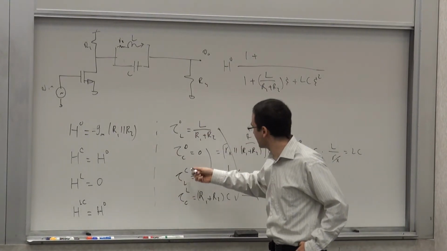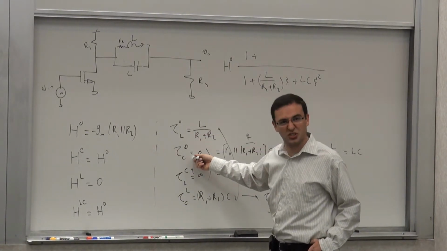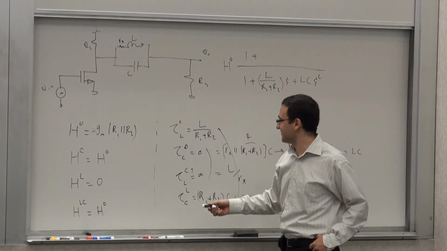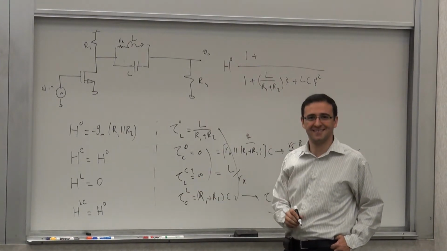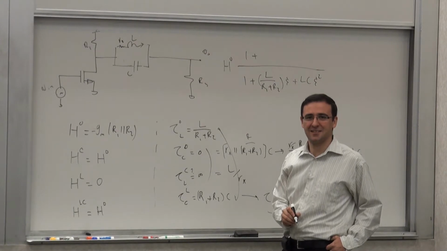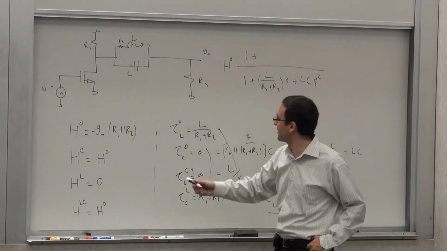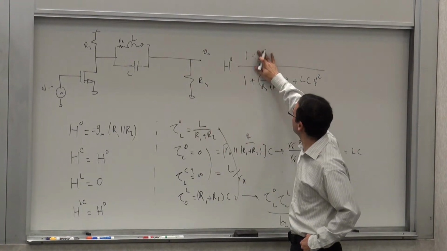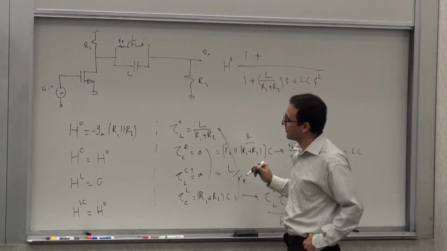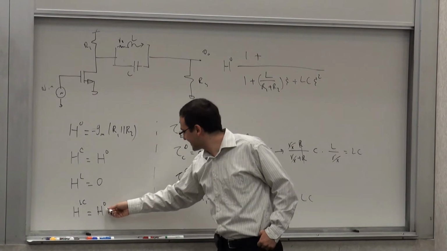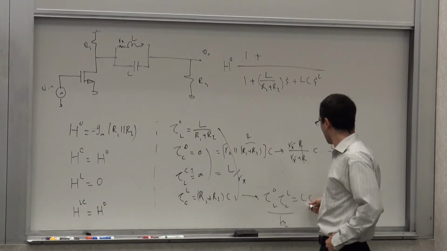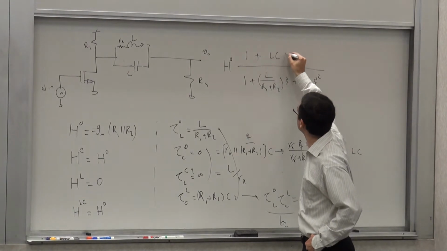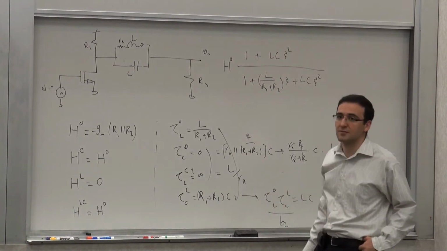This one times that guy is 0, and that one times the other one, it's 0 still. So the first order term is 0. How about the second order term? It's this guy times this product. So with H naught factored out, I'm left with LCS squared. That's it.